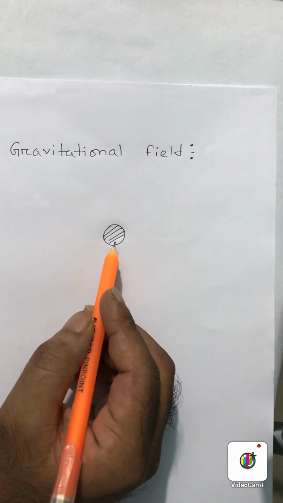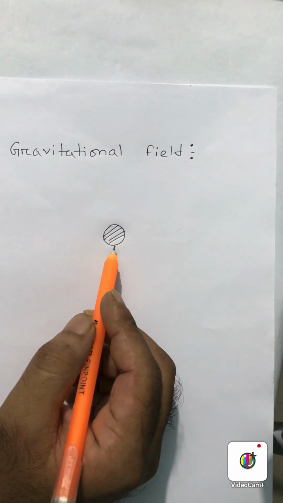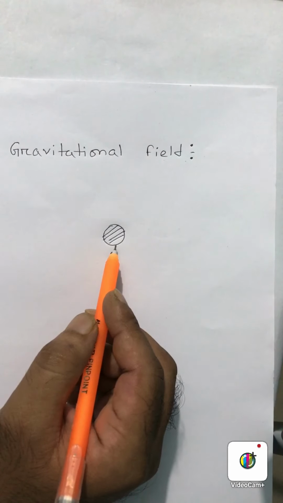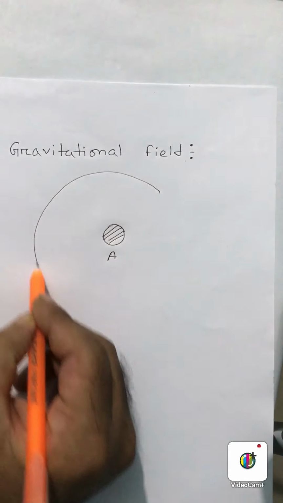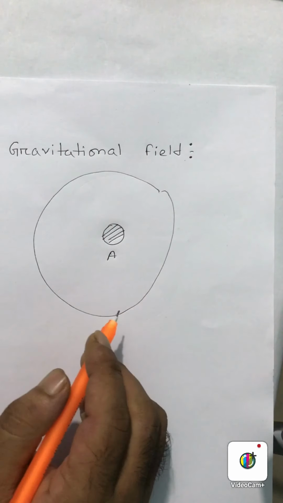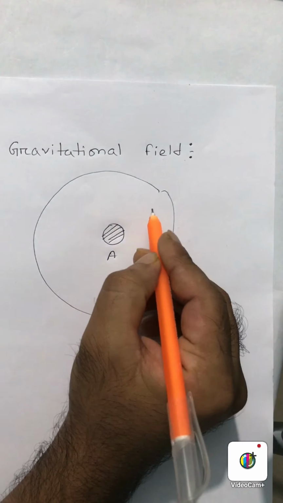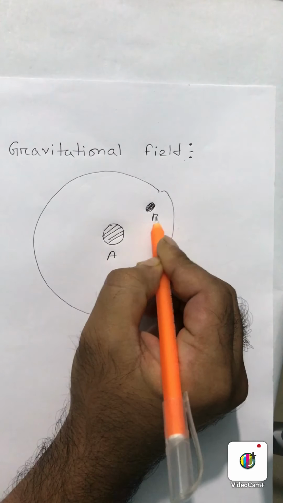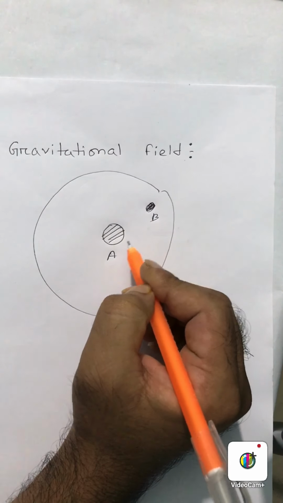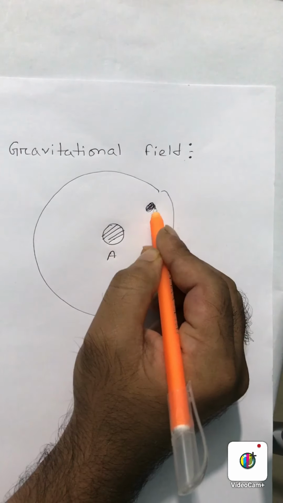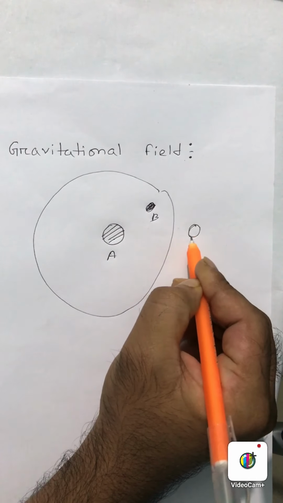An object of mass m is placed at the point A. The space around an object in which its gravitational attraction is felt by another object, this region, is called the gravitational field.